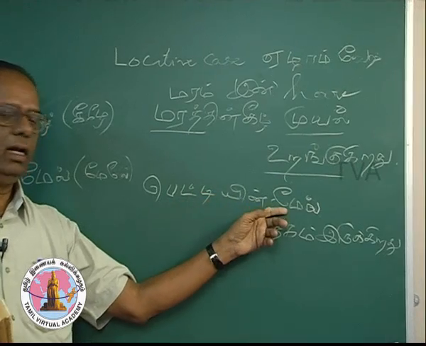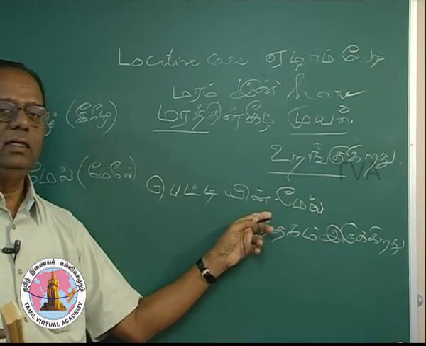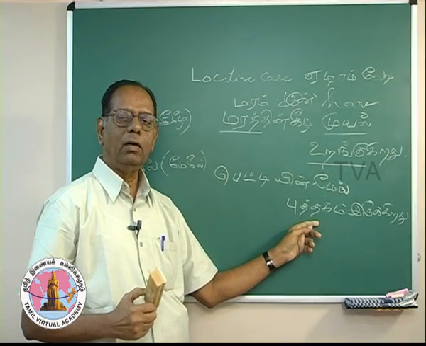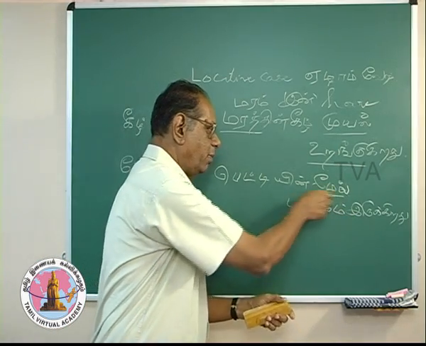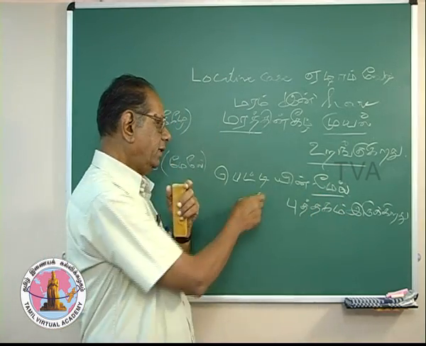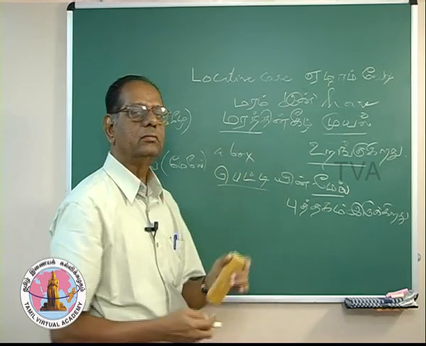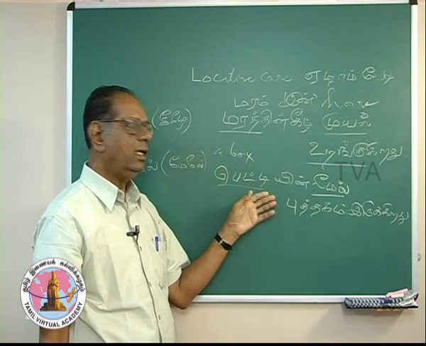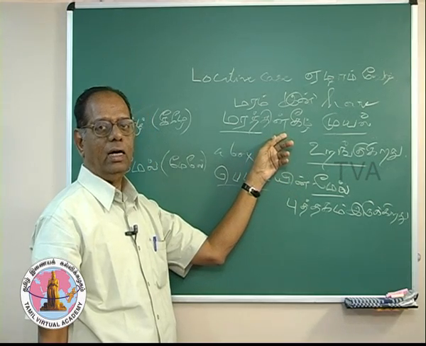பெட்டியின் மேல் புத்தகம் இருக்கிறது. புத்தகம் book, இருக்கிறது is. மேல் upon. பெட்டி is a box. பெட்டி ends with I. It takes up in as we saw earlier.